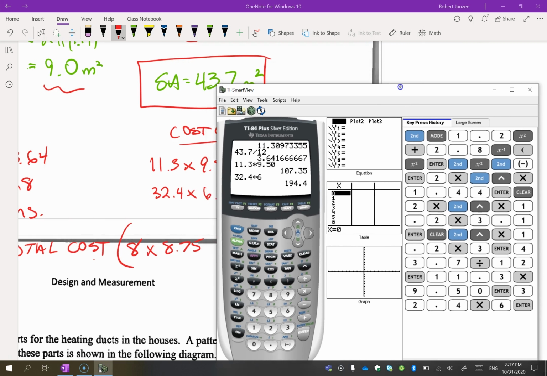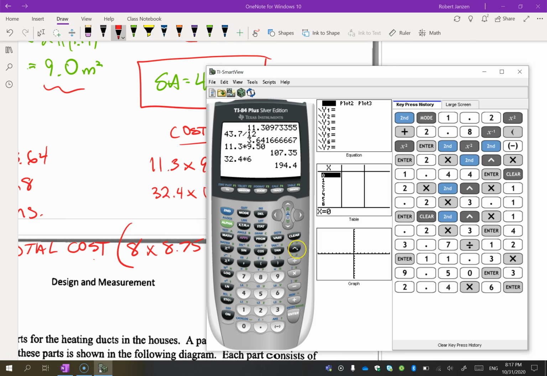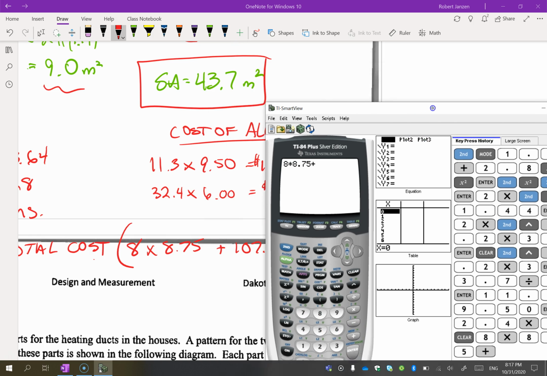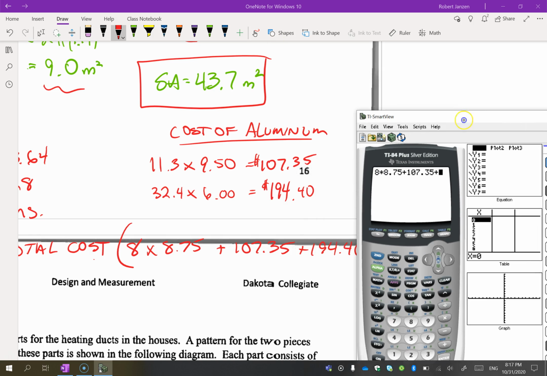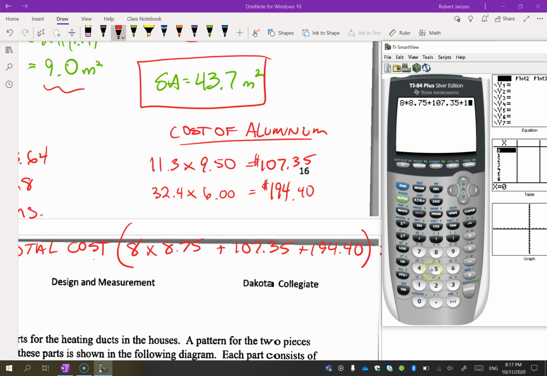So let's see what we got here. Got 8 times 8.75 plus 107.35 plus 194.40, and I'm going to go enter.